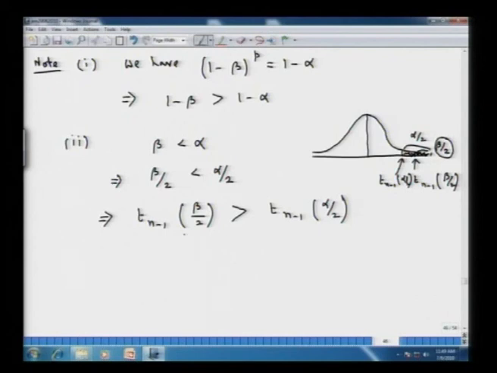Since we have this particular relationship, it is now easy to see what is the expected length of the two types of confidence intervals that I was talking about.